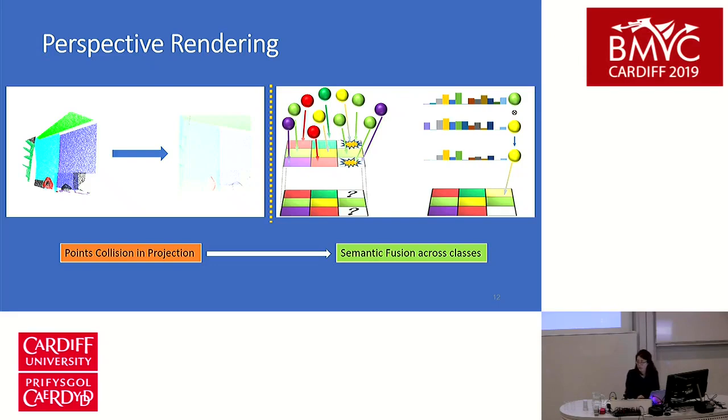We calculate the probability distribution among all the classes for each point, and we multiply across all the points projected into the same location to get the semantic fusion probability distribution. Then we take the maximum value to decide the final label of that pixel. So this is the perspective rendering.